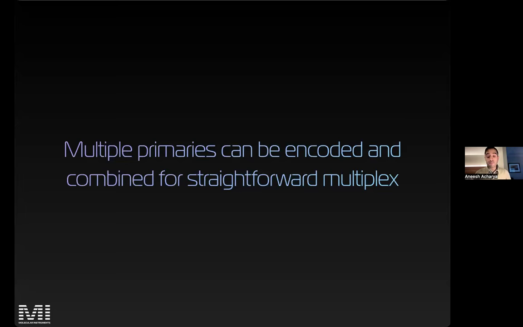And the beauty with this approach is that the encoding is done prior to incubating in the sample. And so multiple primaries can be encoded separately and then combined for straightforward multiplex, which we can do with HCR Gold, even with same species primaries.